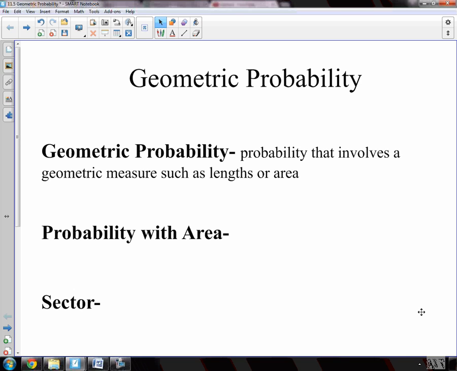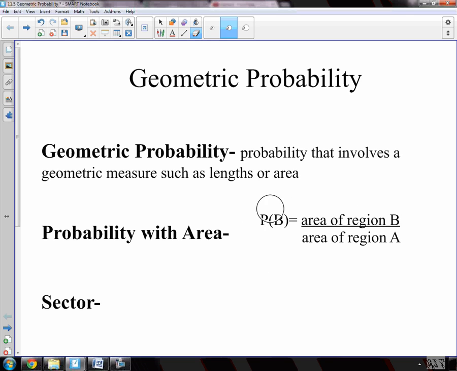In order to do that, there's an easy formula for probability of area. If we want to know the probability of hitting region B, which is often going to be the shaded region in the picture, you're going to take the area of the smaller shaded region and divide it by the whole region.